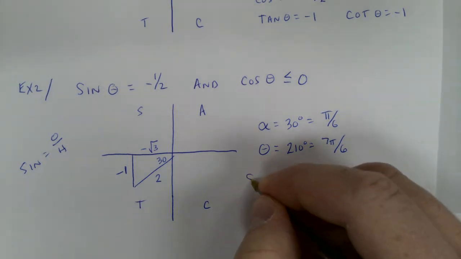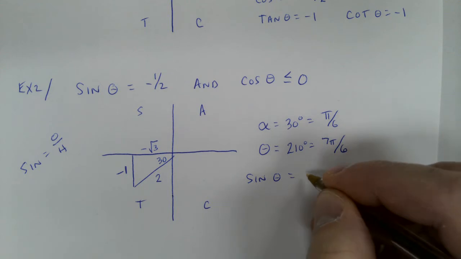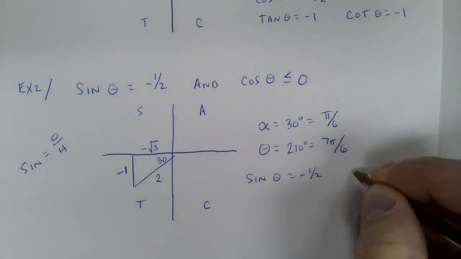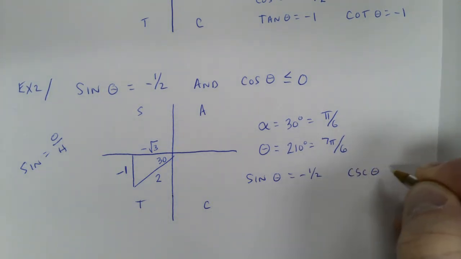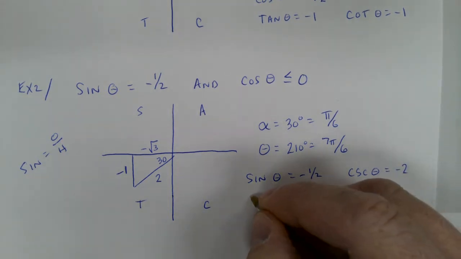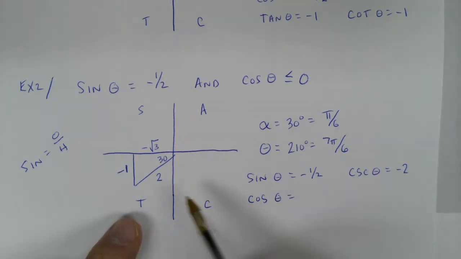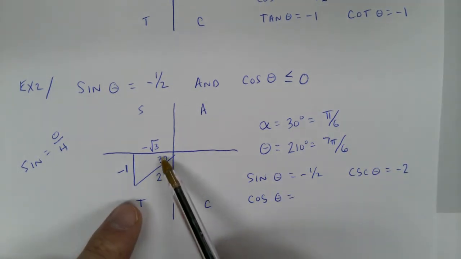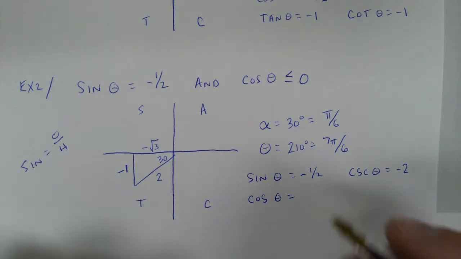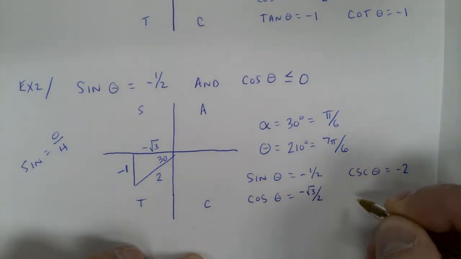Now we're ready to find our different functions. Sine theta we already know is negative 1/2. So cosecant is going to be negative 2. Cosine theta, again, we know cosine is the adjacent over the hypotenuse. So it's going to be negative radical 3 over 2.